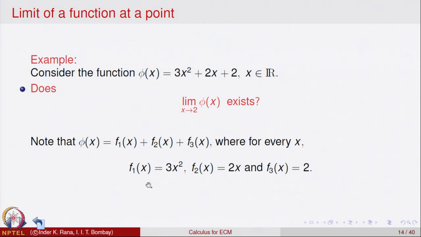And similarly, for f 1, the limit of f 1 as x goes to 2 is the limit of 3 x square as x goes to 2. Once again alpha f. So, 3 comes out. So, it is 3 times the limit of x square, which is equal to 3 times the limit of x, the whole thing raised to power 2. So, that is 3 times 4, which is equal to 12.